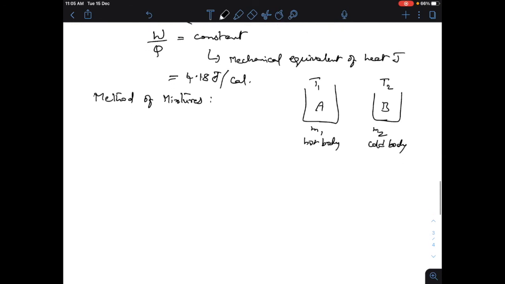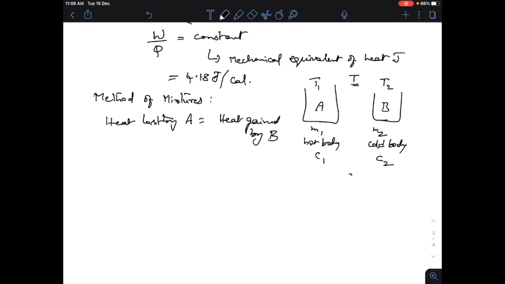Let the equilibrium temperature be T and their specific heats be C1 and C2. Then the heat lost by hot body A is equal to the heat gained by cold body B.